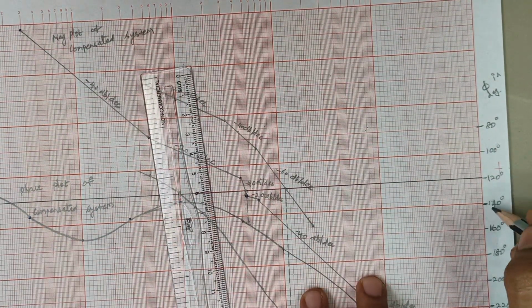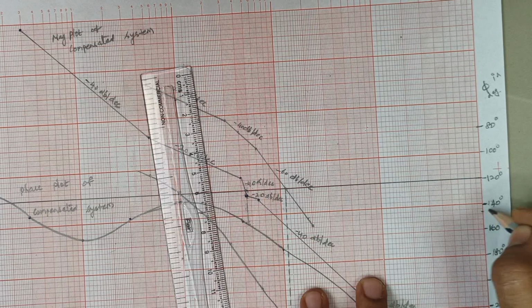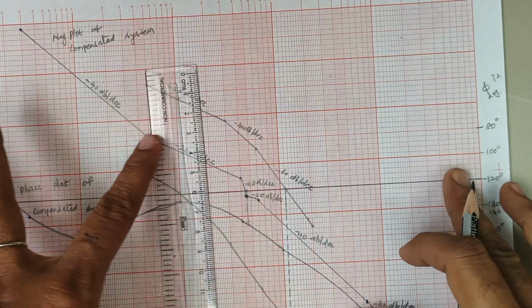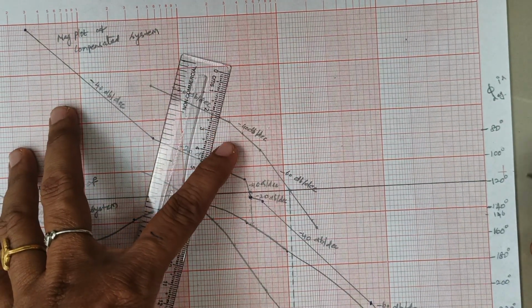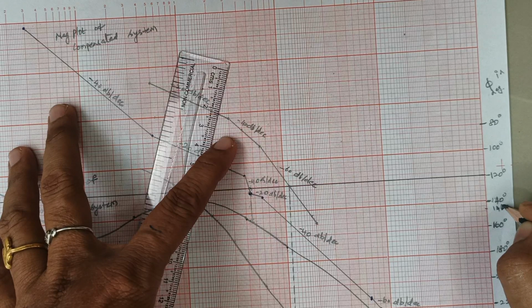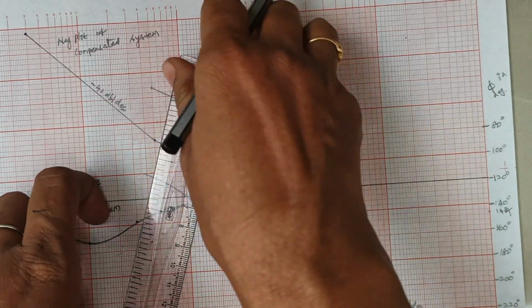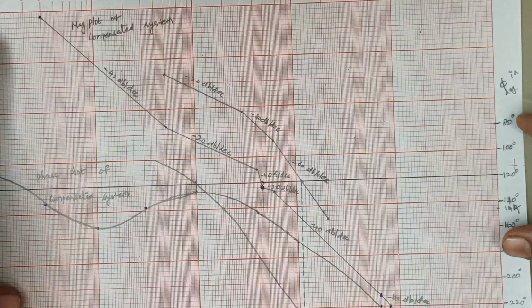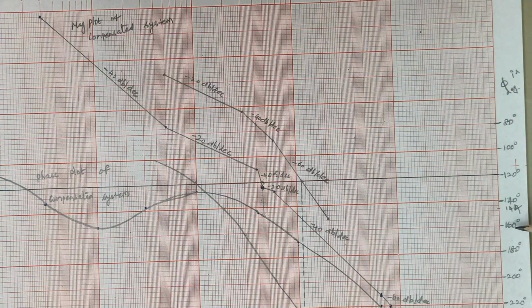It comes to around 146, okay? Either it may be 146 or 144, it doesn't make much difference. So here I am taking the value of 144, right? 144, 148, it may vary, plus or minus 2 degrees is always accepted, right? So here now the value of phi gc naught is 144 degrees.